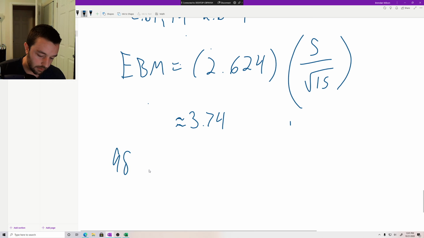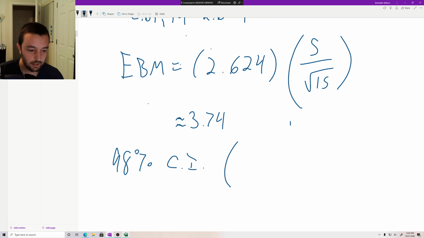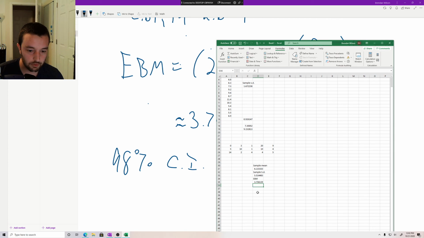So our 98% confidence interval is going to be x bar minus this, x bar plus this. X bar is 6.133. So we can go D31 minus D35, and D31 plus D35.